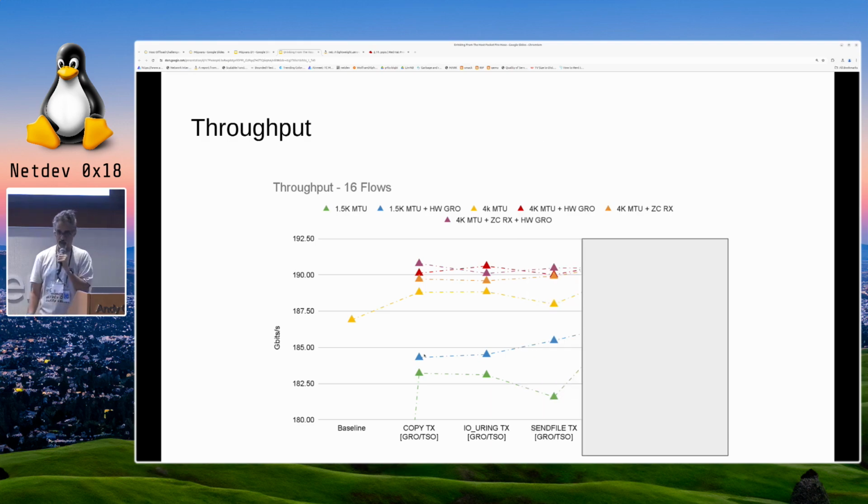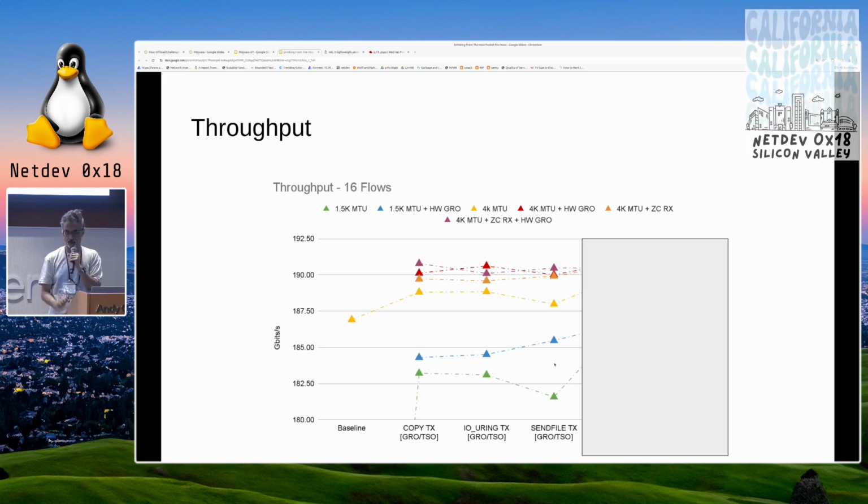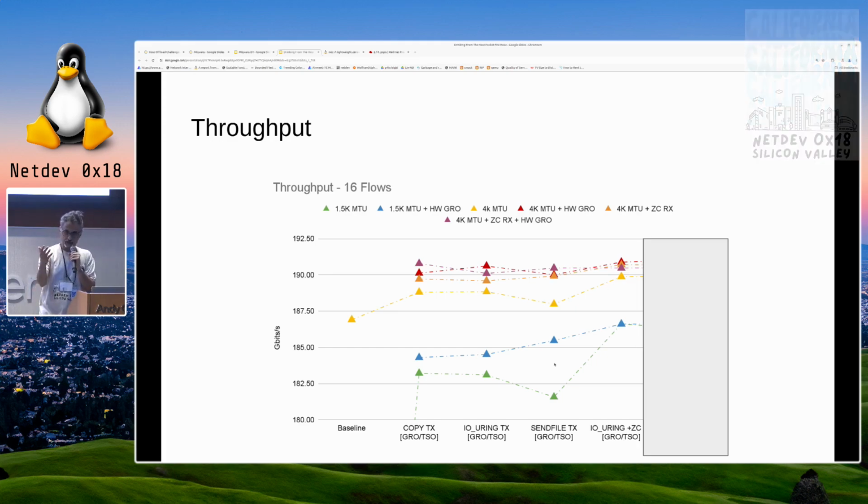Next we turn sendfile on, on the transmit side, not on the receive side. Again, the only thing we're seeing is that the 1.5K hardware GRO is beginning to go up. It's looking better than it did before. Then you turn on IO uring with zero copy.